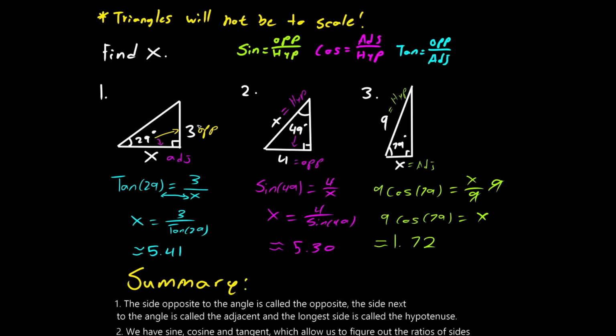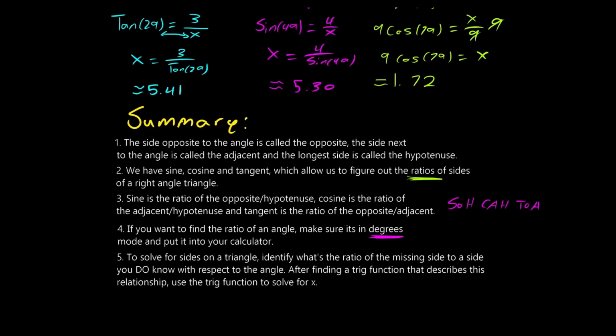So up here for the example, what I was really trying to do was just find a ratio of a side I do know, which is, for example, the first one, the opposite, but I don't know the adjacent. So I'm trying to find a trig function that has the opposite to the adjacent. And, oh, that's tangent. And I use this tangent ratio, or this tangent function, to help me solve for x. That's really what it just means.